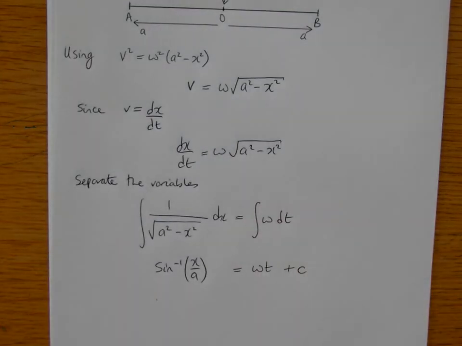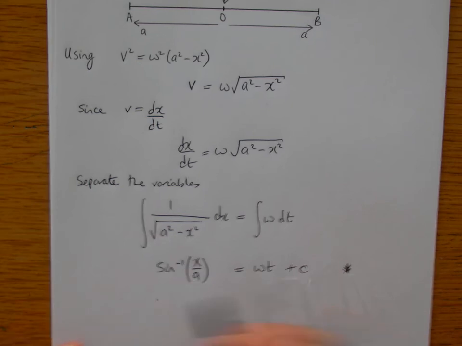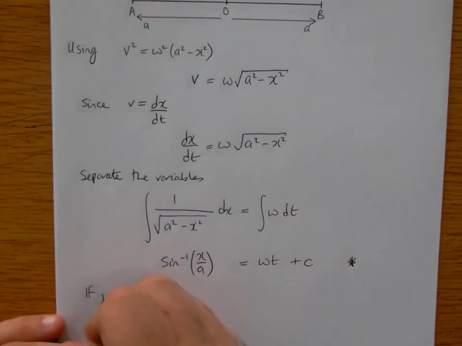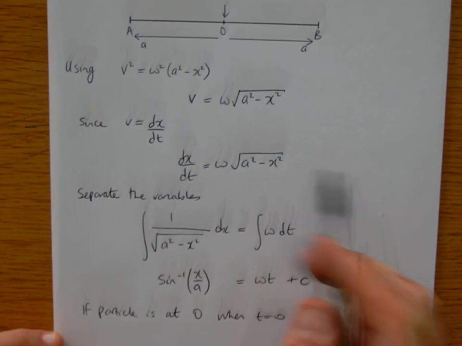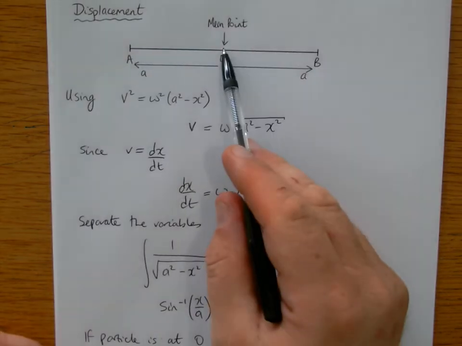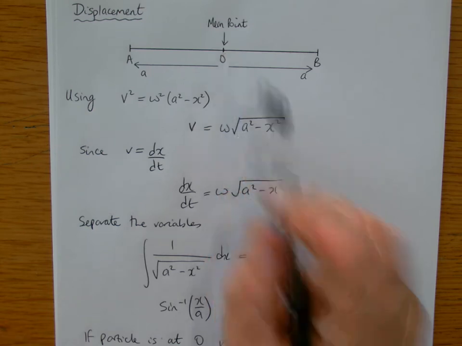Now we need to consider two situations to work out c. If I put a star here, let's consider the first situation: the particle is at O when t is 0. So let's consider the situation where the particle is at the mean point, the center of oscillation, at the beginning, at t is 0.